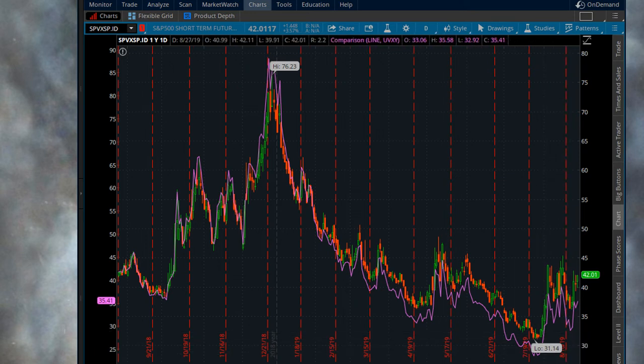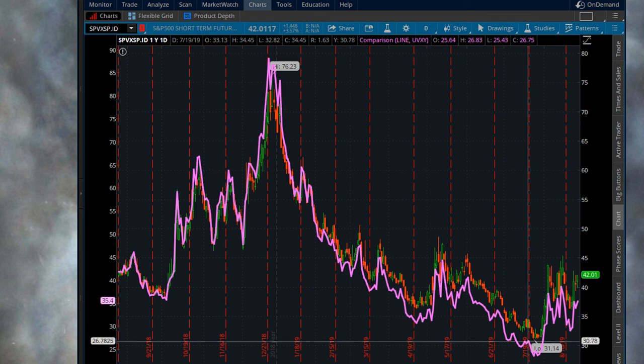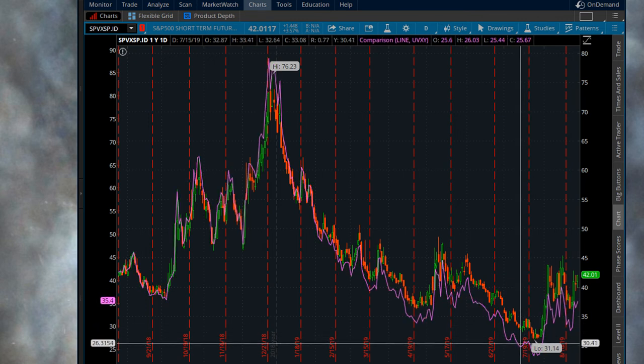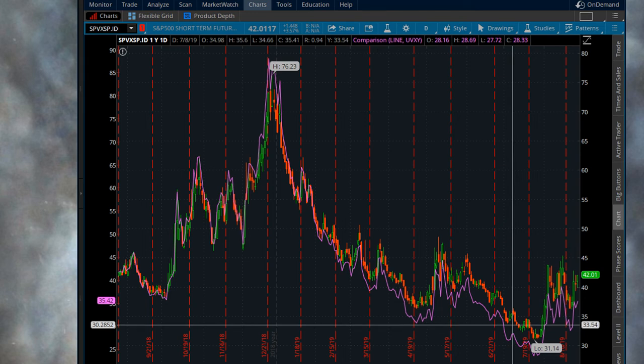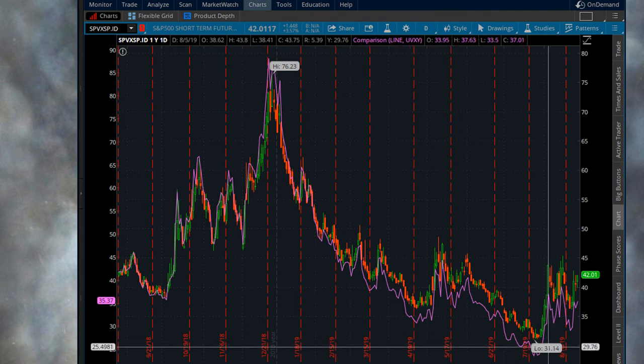And this is over a period of a year, but it's starting to slowly diverge to the downside from the index. And this difference between these two is isolating the drift that is caused by leverage, the fact that UVXY is 1.5 times leverage. And over time, these are going to drift farther and farther apart.